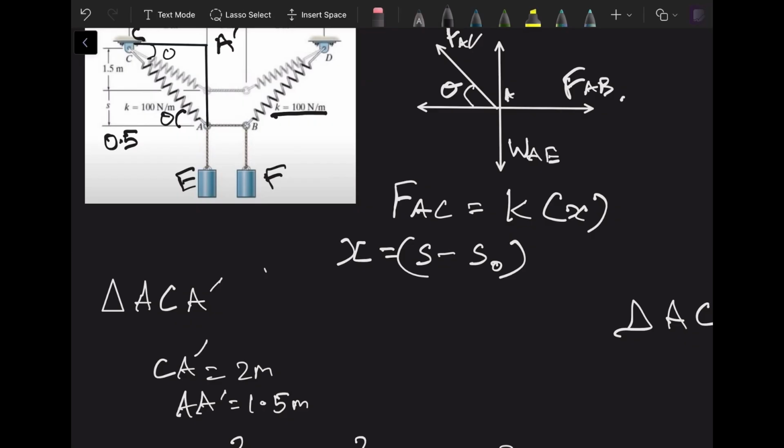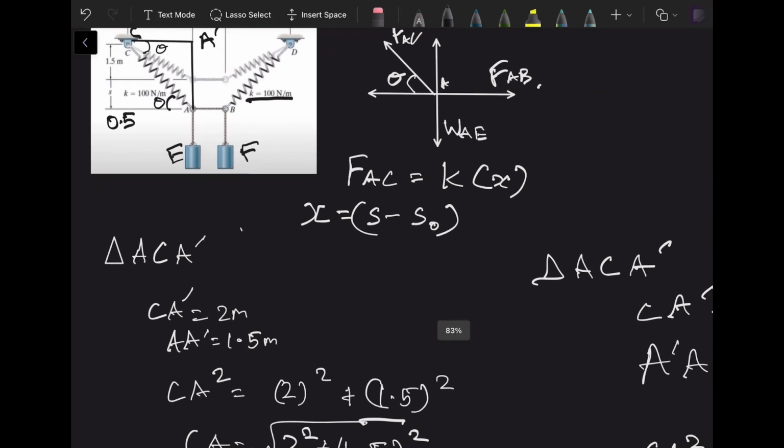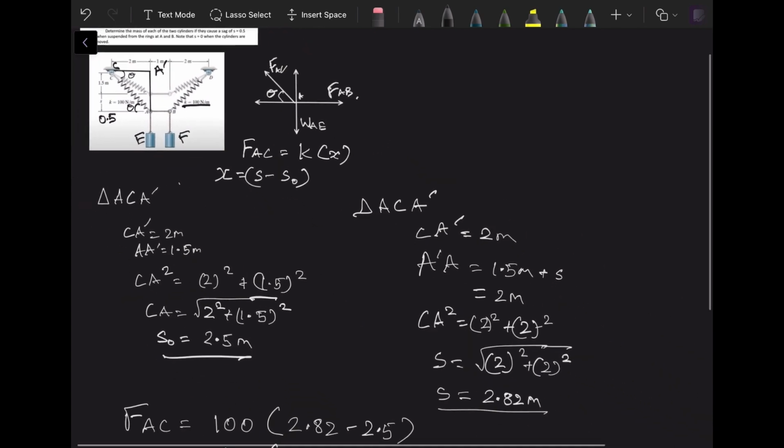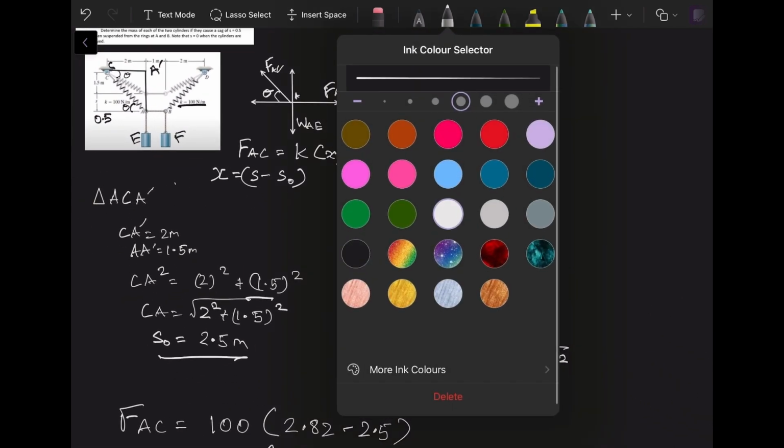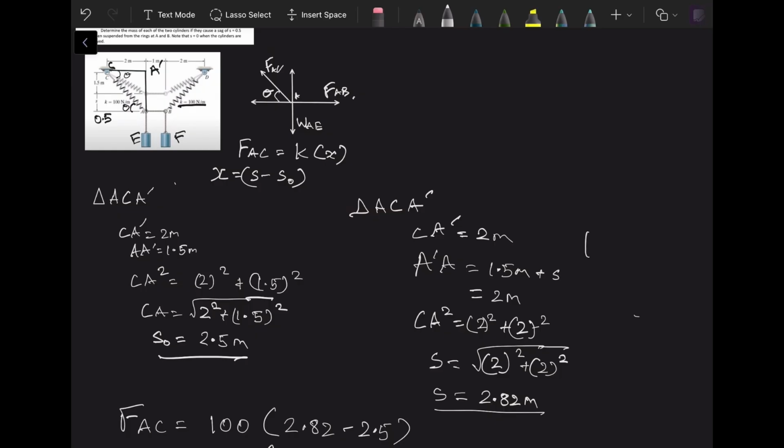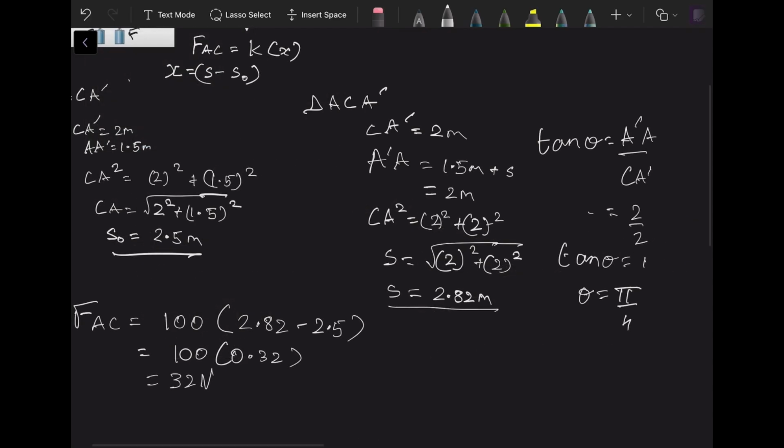So tan theta is equal to A dash A by C A dash, which is equal to 2 by 2. So tan theta equals 1. We all know at which angle tan theta gives 1. So theta equals pi by 4, or simply 45 degrees.